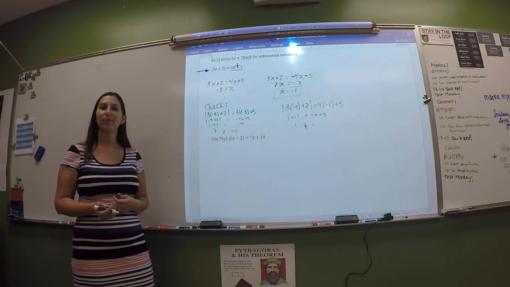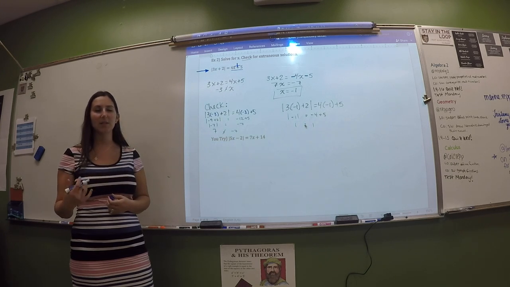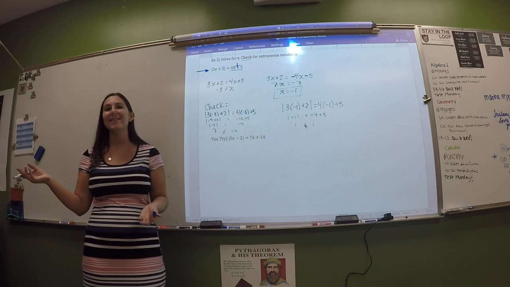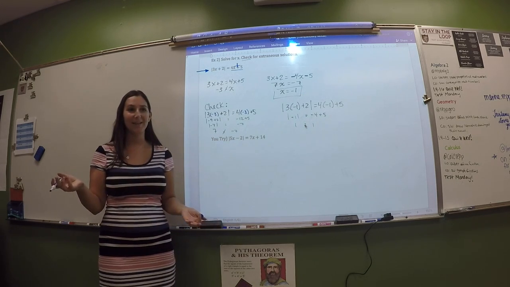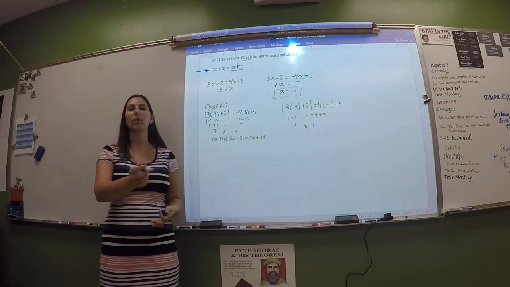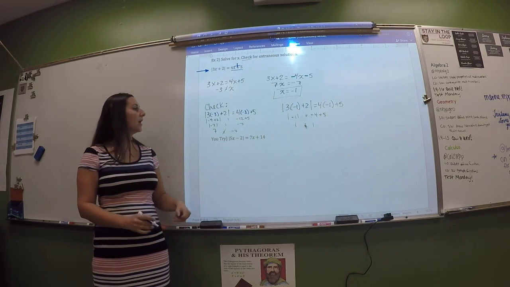If it's negative, it's bad. That's assuming you did the rest of the problem right. If you did the whole thing wrong, then it's not really gonna help you. But that's a quicker way to check your answer if you don't have time to do all the math all the way through.